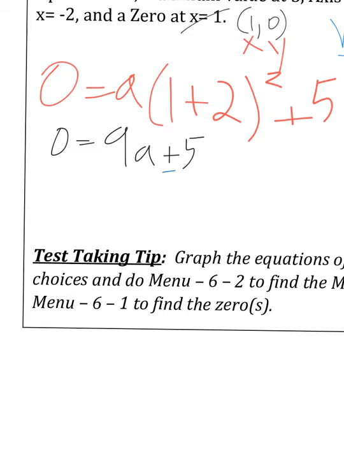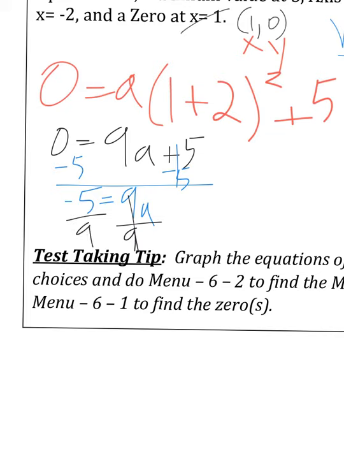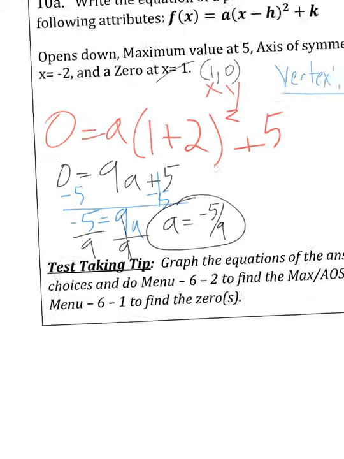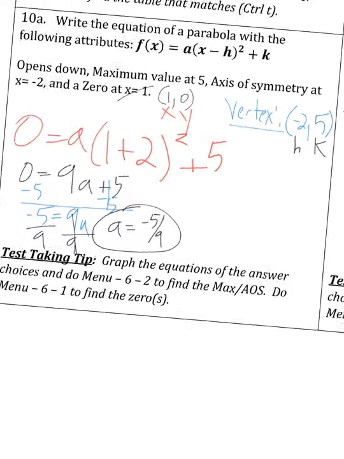I got a minus 5 to the other side. So that'll give me -5 equals 9a. And so I got to divide by 9. And so I get -5 over 9 for my fraction. Or for my a. It is a fraction, sorry.